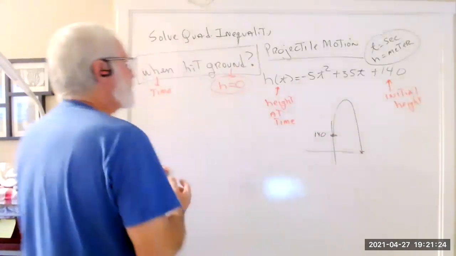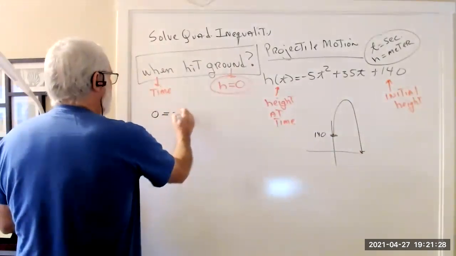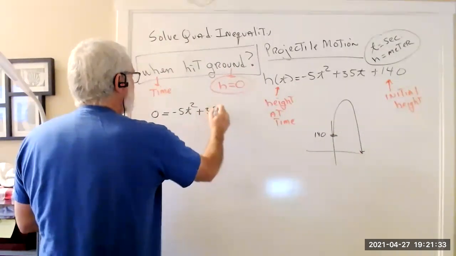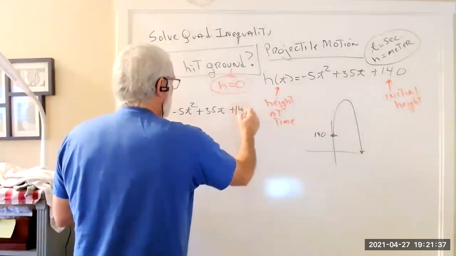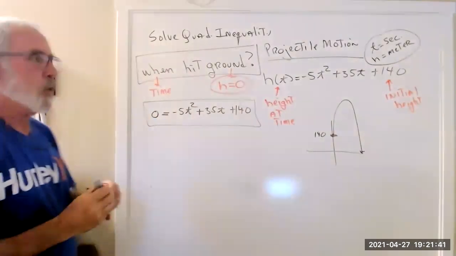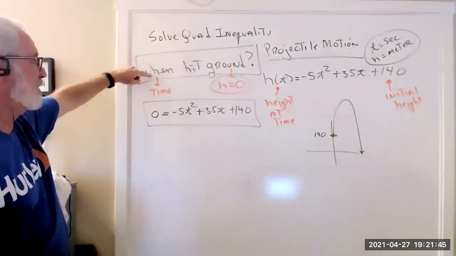So that translates into 0 equals -5t squared plus 35t plus 140. So these words, when does it hit the ground? When means find the time.